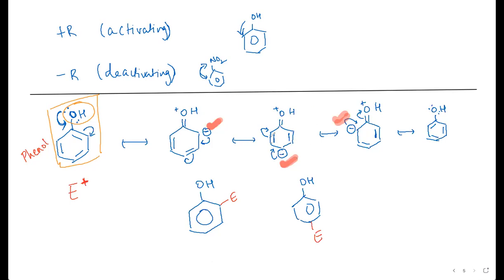That sort of influence is called the directive influence, and the reason it happens is because of these resonating structures.